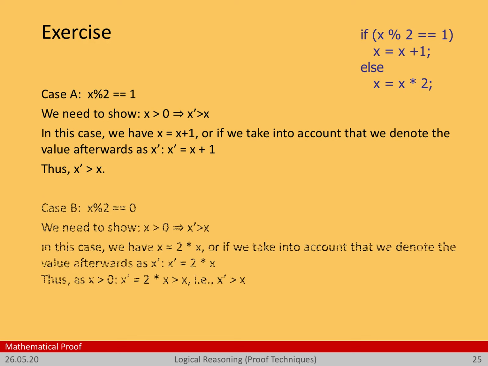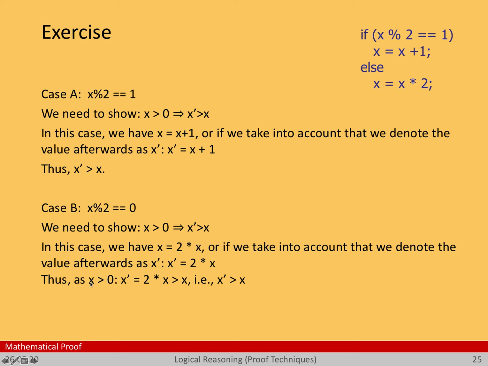So for the second case, B, it's an even number, meaning the remainder is 0. We also need to show that x larger than 0 implies that x prime is larger than x. In this case, we have the second statement, x equals 2 times x. But we can again use our notation and use x prime, then x prime equals 2 times x.